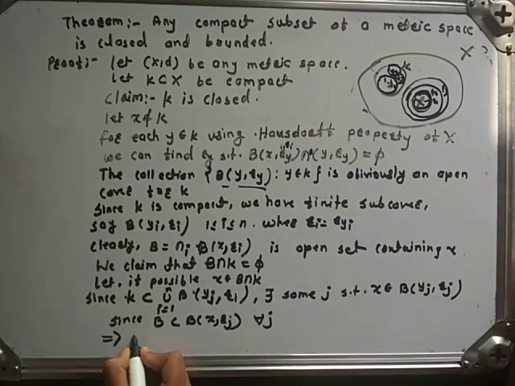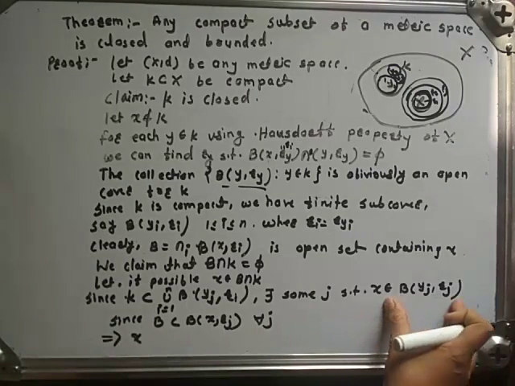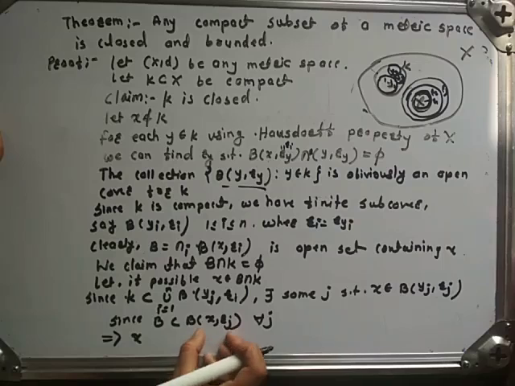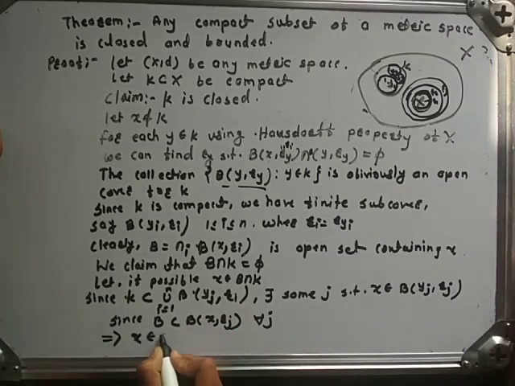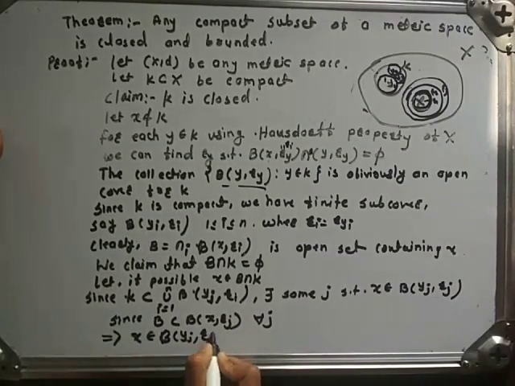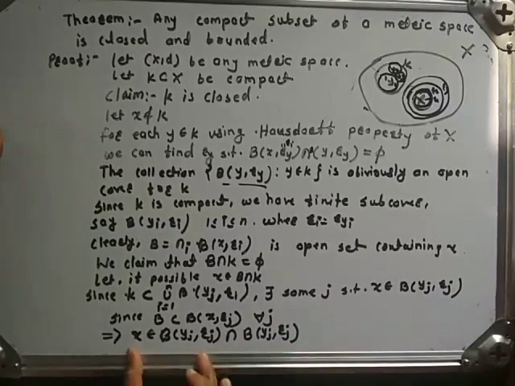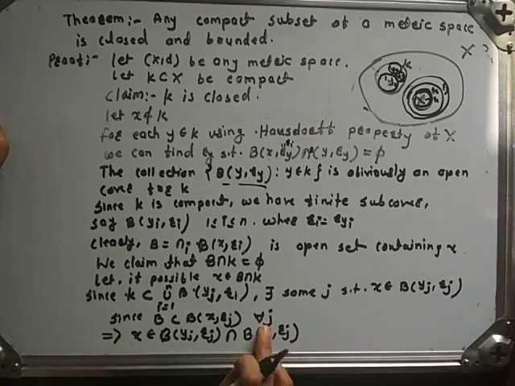That implies x belongs to this open sphere, and obviously it belongs to this open sphere, so x belongs to B of x comma Rj intersection B of yj comma Rj. x belongs to both open spheres.